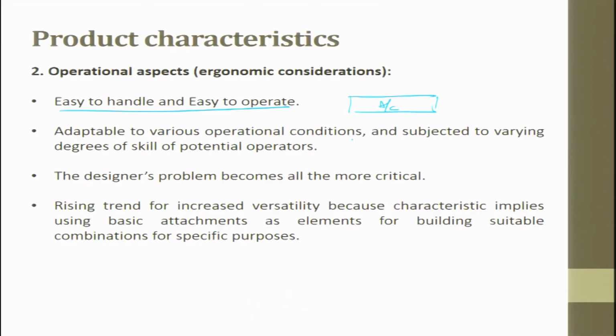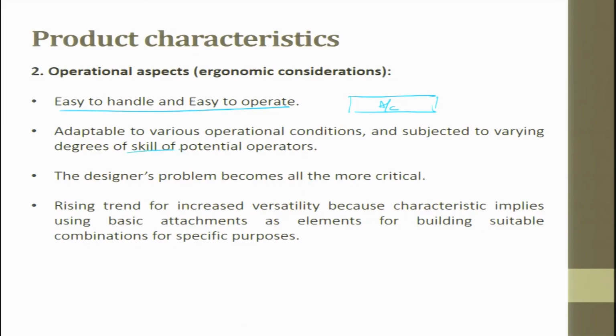Whereas the ACs which are sold in the Middle East, they have anticipated the temperature will go to 50 or 55 degrees Celsius. So, they make sure their compressors are made safe to operate till 55 degrees Celsius and then they conk off. So, adaptability to various operational conditions subjected to varying degrees of skill of potential operators.